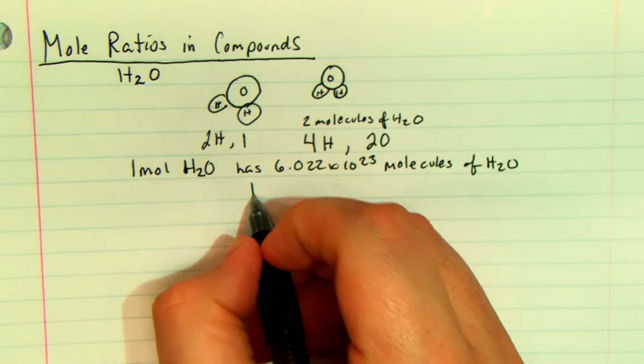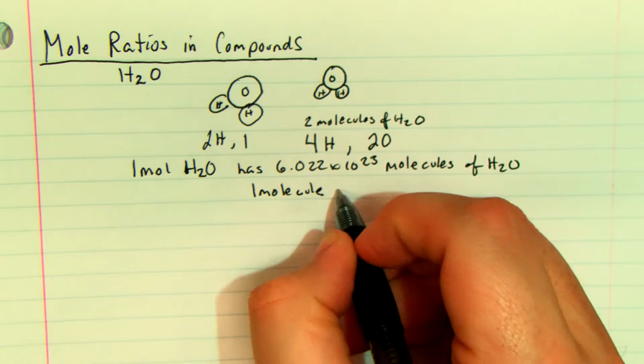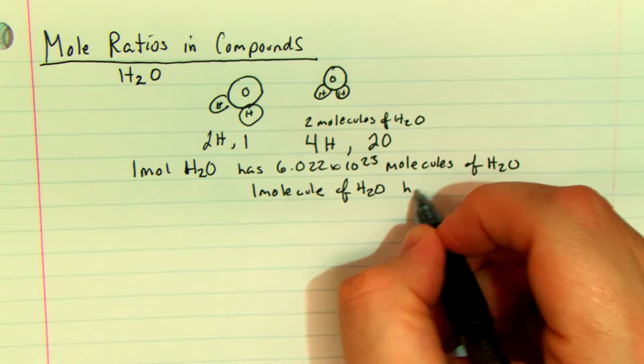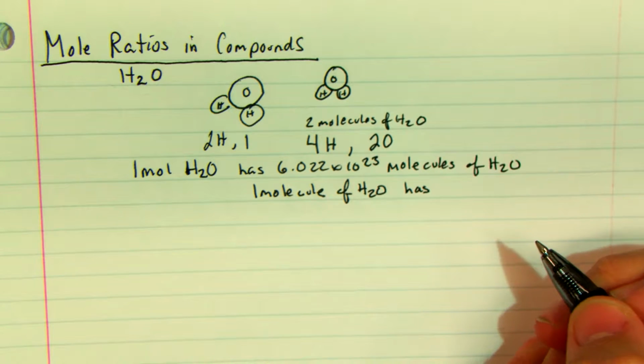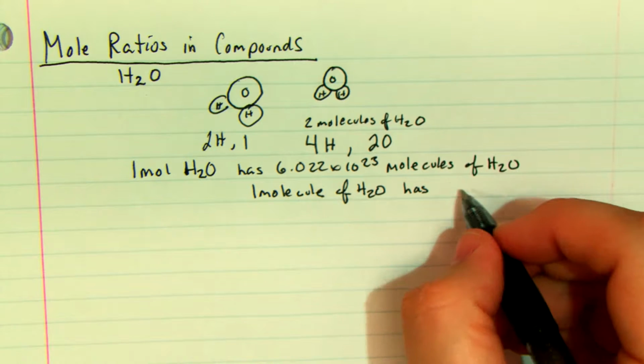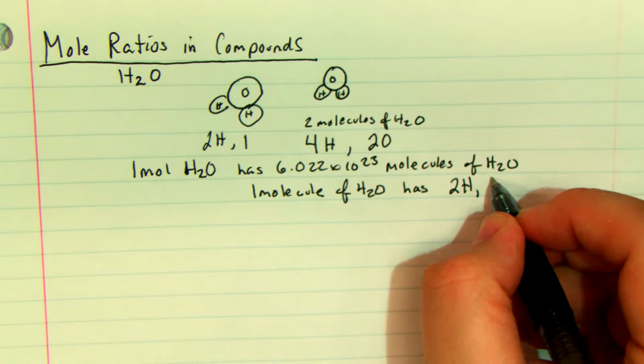1 molecule of water has how many hydrogens? It has 2 hydrogens. And how many oxygens? 1 oxygen.